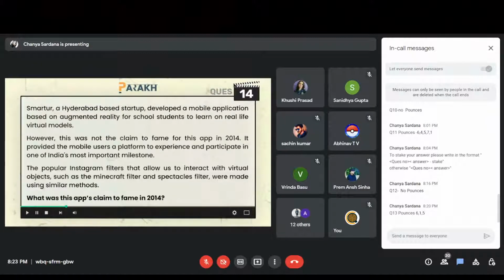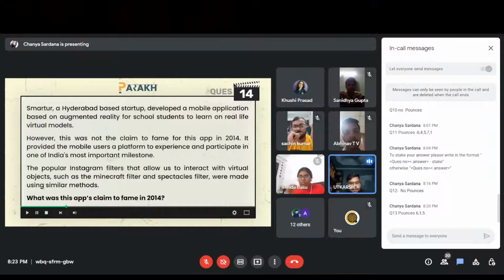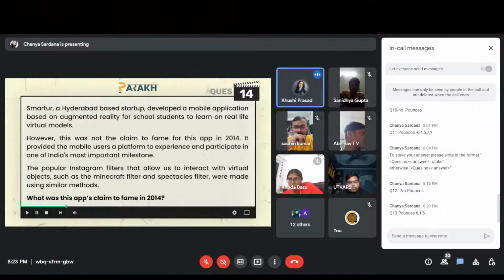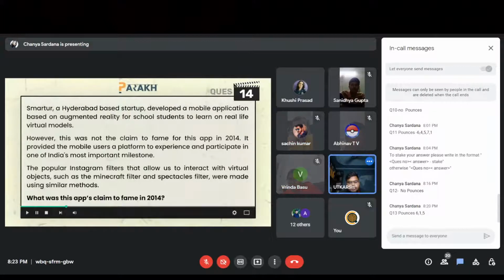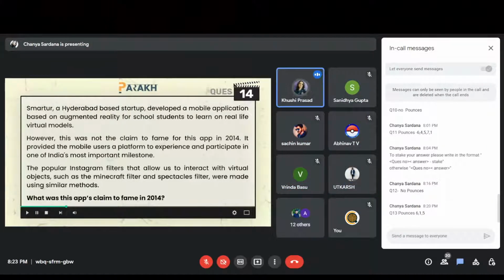Team 4 has pounced. So in this, you just need that event milestone, or you want, not the milestone, but how to relate that milestone with that app.